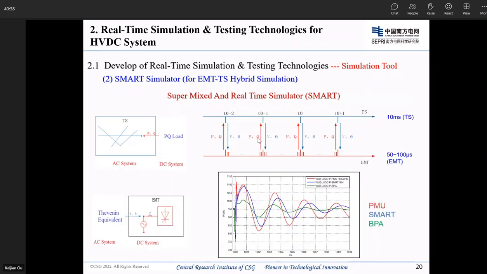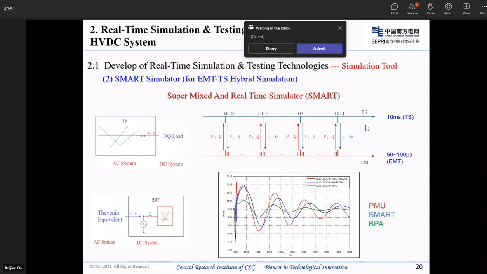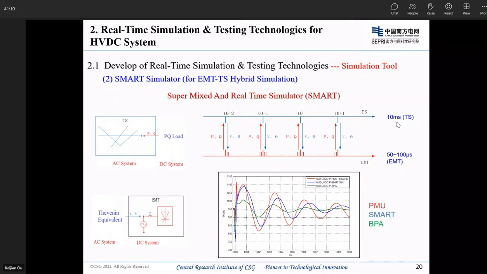Just now I said that we use RTDS for EMT simulation, and we also connect to the TS simulation. For EMT simulation, the time step is 50 to 100 microseconds. But for TS simulation, we use 10 milliseconds.